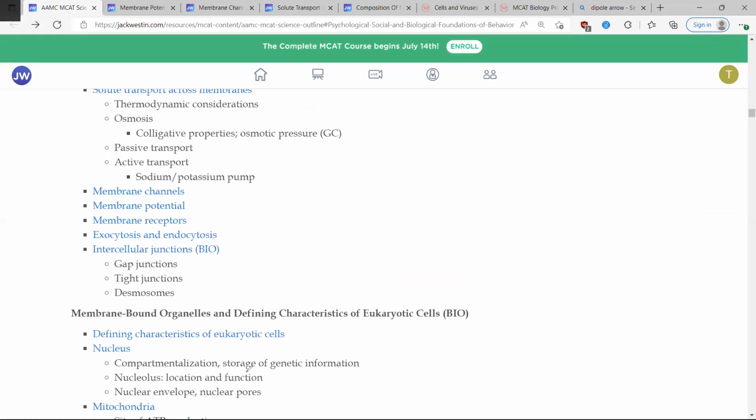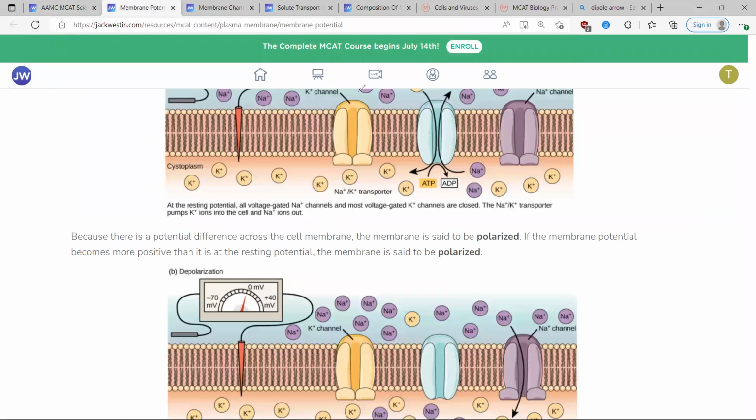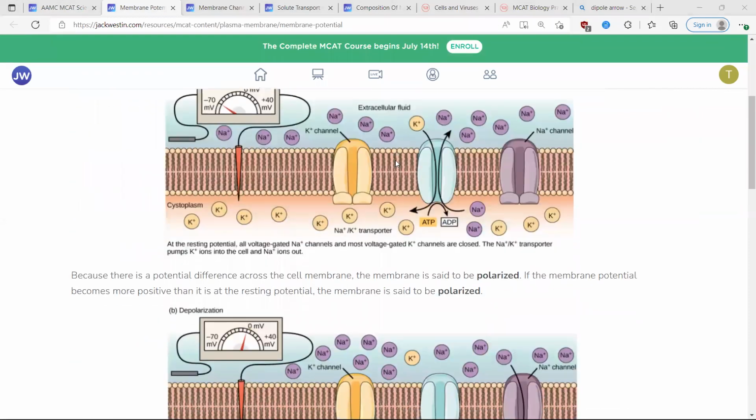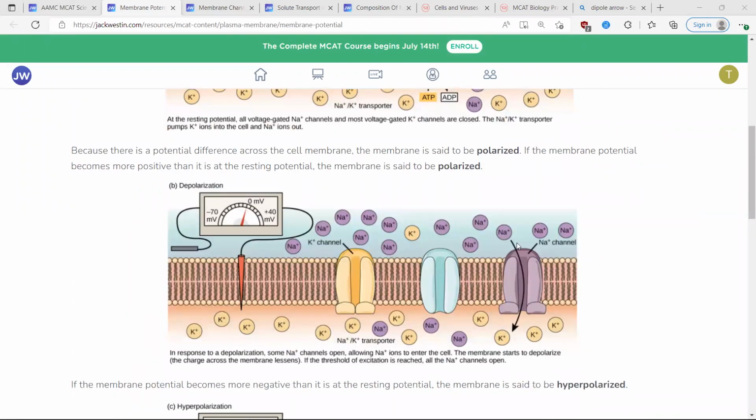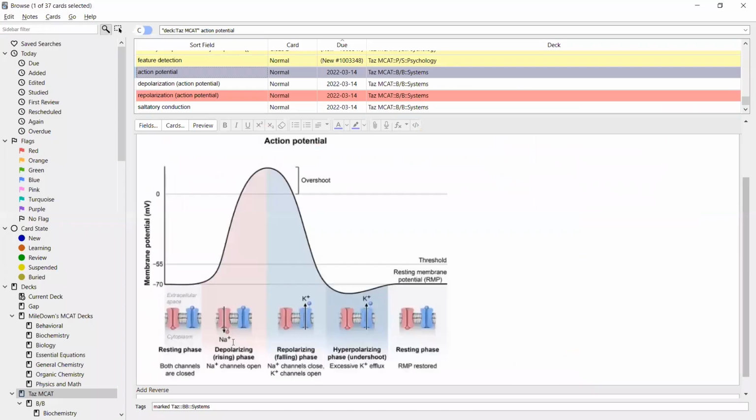Then when we have depolarization, the sodium channels open, and that's what I showed you in that picture. So this is resting at -70, and at depolarization the sodium is allowed to come in. Because the sodium comes in, the membrane potential increases and it becomes positive, right? Then we have repolarization, which is when the sodium channels have closed and the potassium channels open.